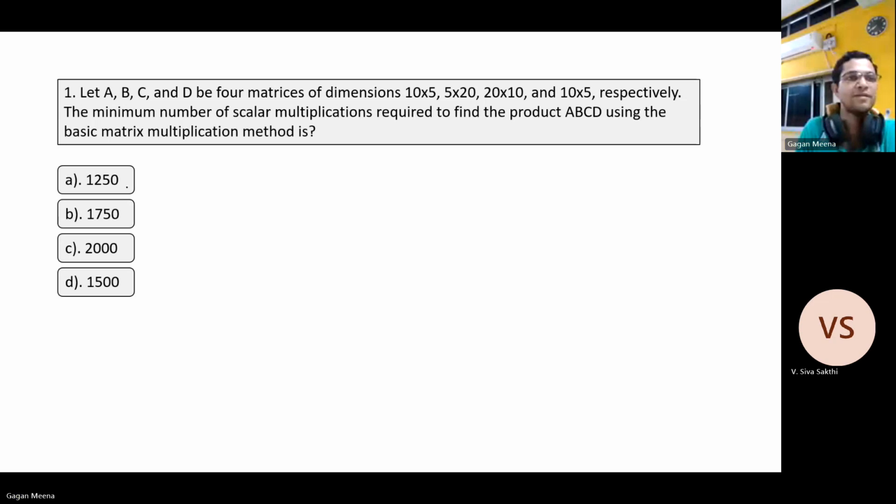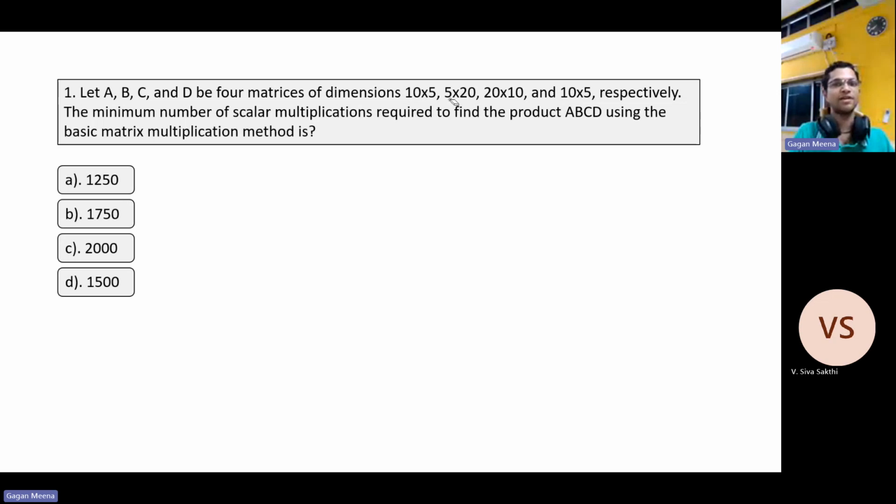Okay. The first problem is similar to what is in your assignment also, but the dimensions are different. There are 4 matrices A, B, C, and D, with dimensions 10 cross 5, 5 cross 20, 20 cross 10, and 10 cross 5.